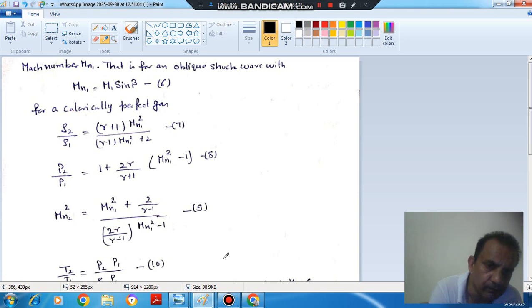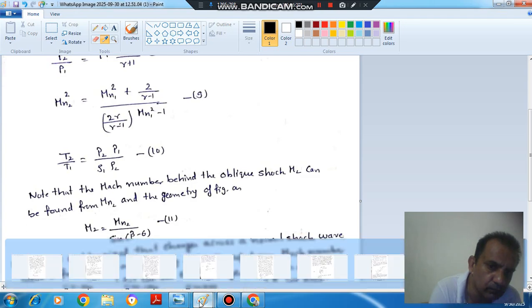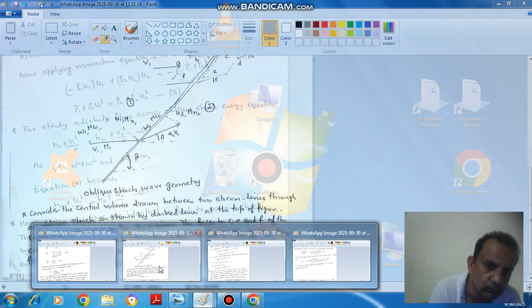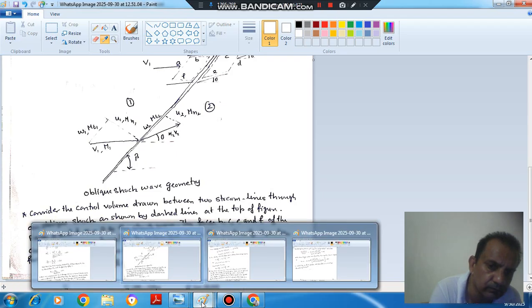In the same way Mn2 can also be found. To find Mn2, we have to find this angle. This is your beta, this is theta, so this angle is beta minus theta. So Mn2 is equal to M2 sine of beta minus theta.